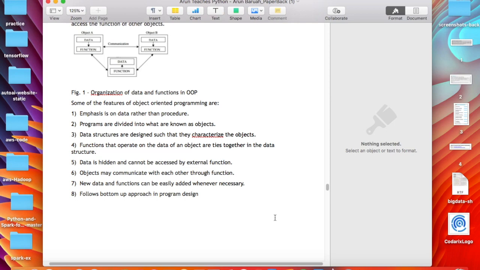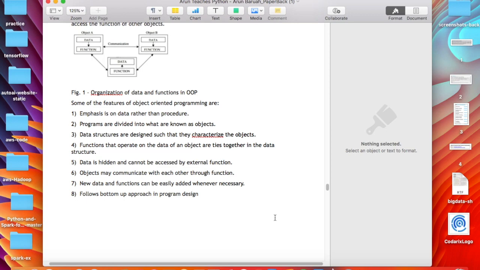Some of the features of object-oriented programming systems are as follows. Generally the emphasis is on data rather than the procedure. Okay, programs are divided into what is known as object. Data structures are designed such that they characterize the object. Okay?